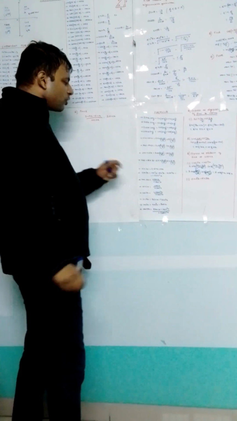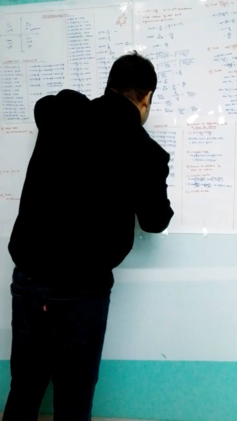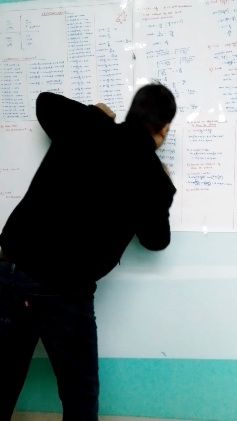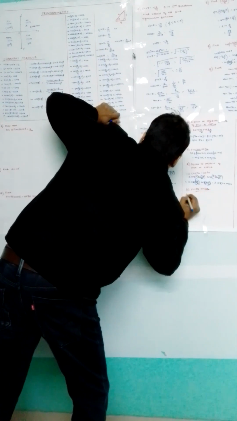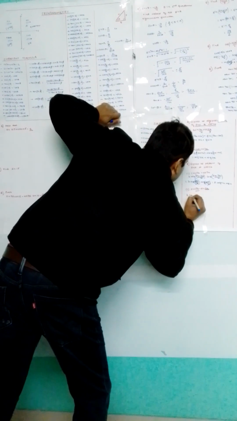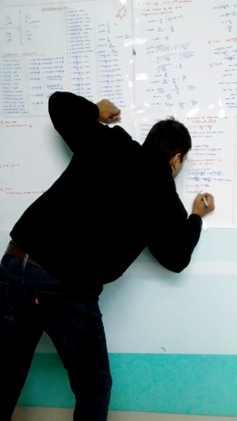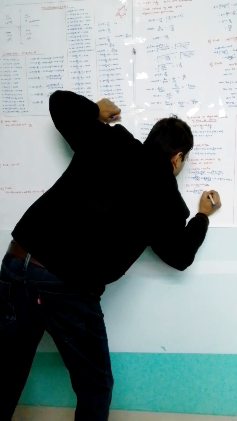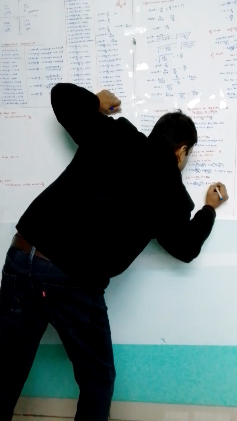Now similarly we can solve this question, sin 5x minus sin 3x. We use the formula sin c minus sin d. We can write 2 cos((5x plus 3x)/2) sin((5x minus 3x)/2). Just listen to what I am telling.